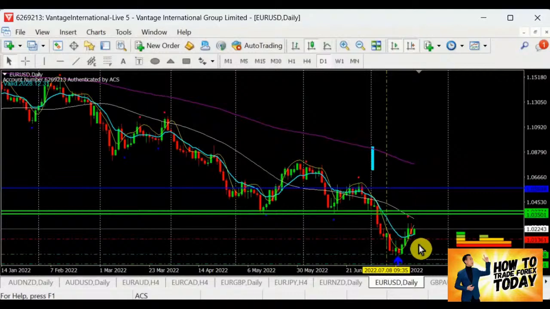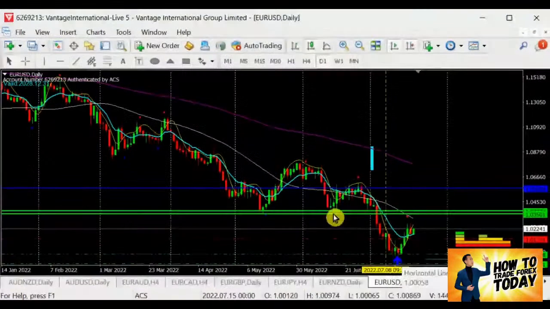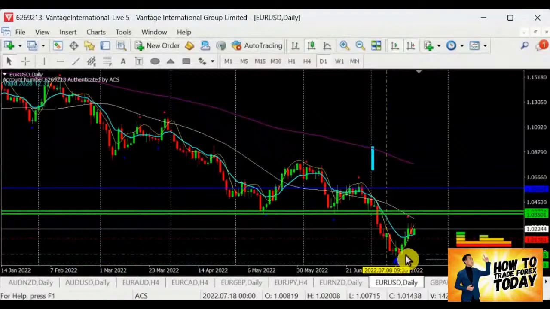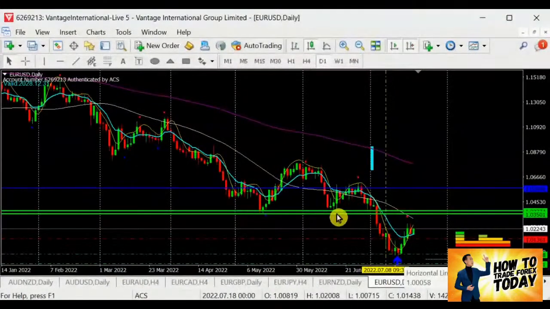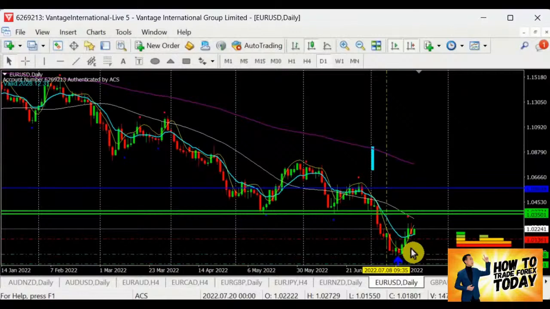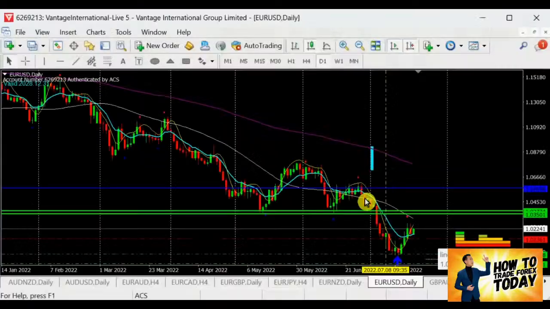Okay, so things like this will naturally be the 1:1 level. It will naturally become a very strong support. So that's the thing over here. But the thing is, how long can they support it? Okay, how long can the support hold? All right. So this is another question. So tentatively, I won't be selling euro dollar.